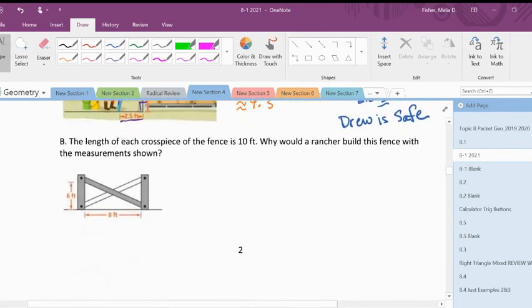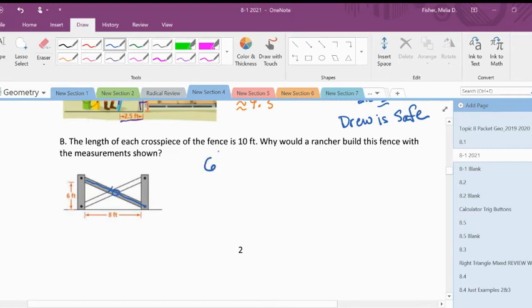Part B says the length of each crosspiece of a fence is 10 feet. Why would a rancher build this fence with the measurements shown? So we're going to make this 10 feet. So we can use the Pythagorean triple here, those numbers to see if they are a Pythagorean triple.